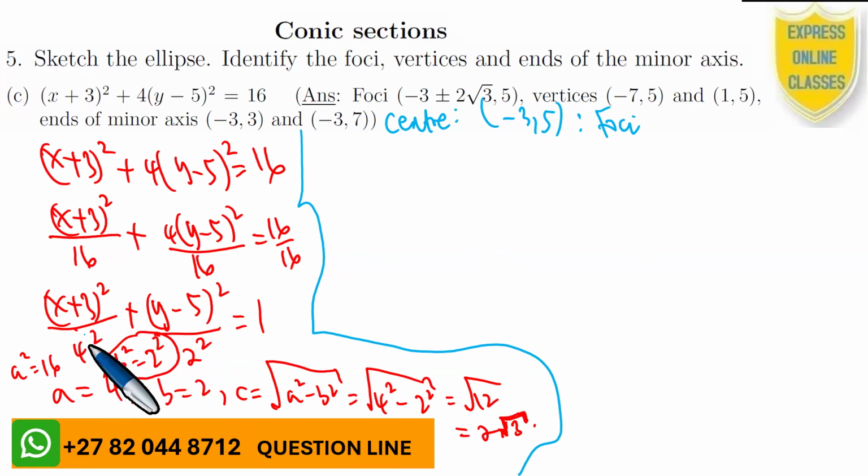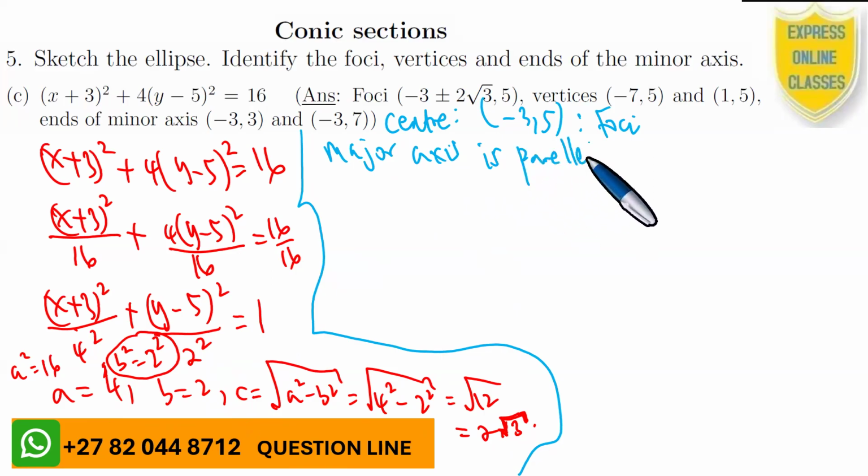The biggest one is below x, which means that the major axis is parallel to the x-axis. So this is what you have.